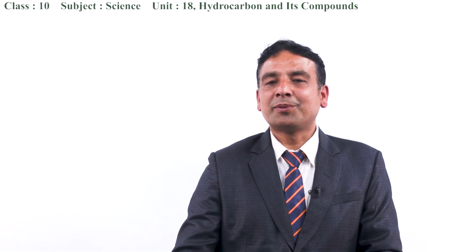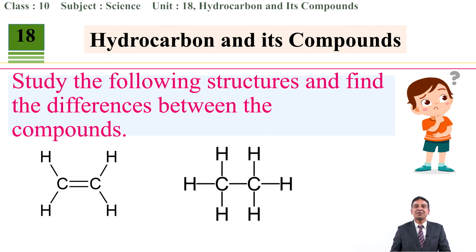You can see over the screen here, and what differences do you find between these two compounds? Can you write in your copy? If you go through the first one, you can see these two carbon atoms have been bonded with a double bond. That means the first bond, the second bond.